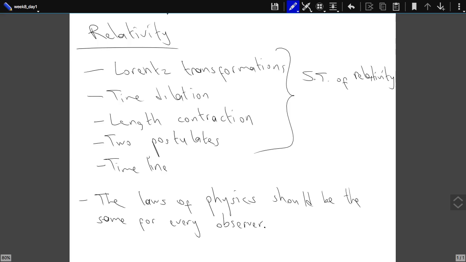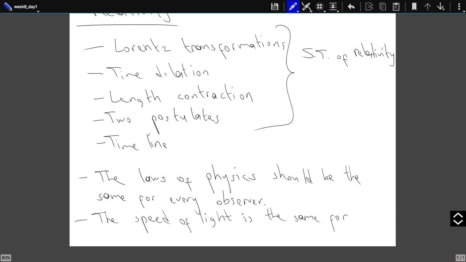Well, to this, Einstein adds the second one. The speed of light is the same for every observer.